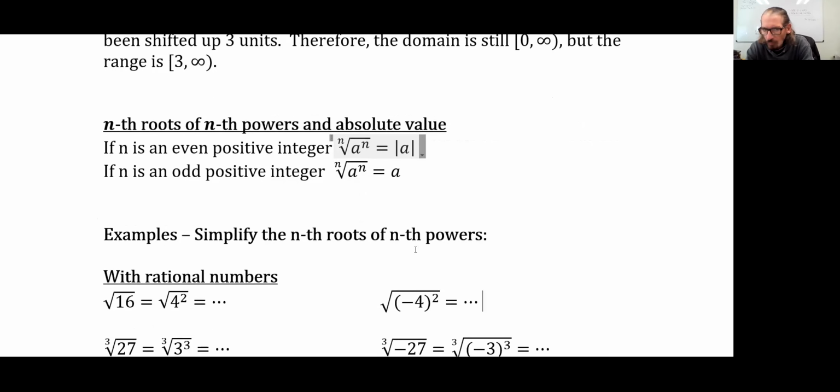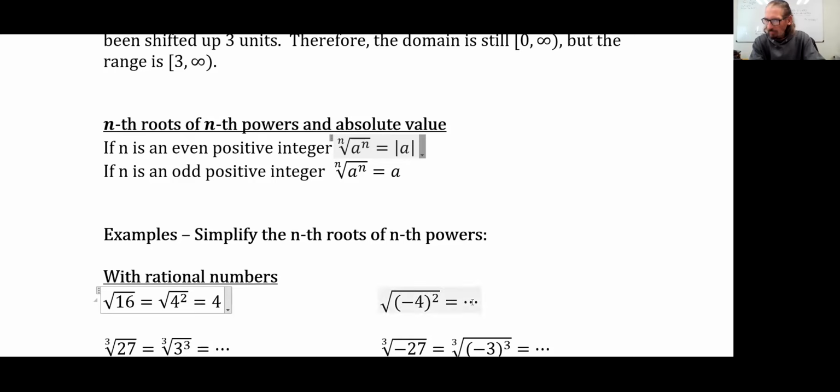So square root of 16, we're talking about the principal square roots. Of course, the principal square root is 4. When I write 16 as 4 squared, I'm seeing that square root cancel out the squaring. Since it was already positive, then the absolute value of positive 4 is 4.